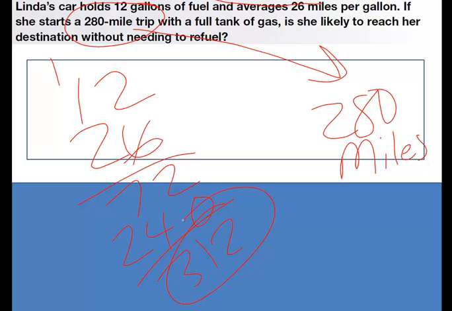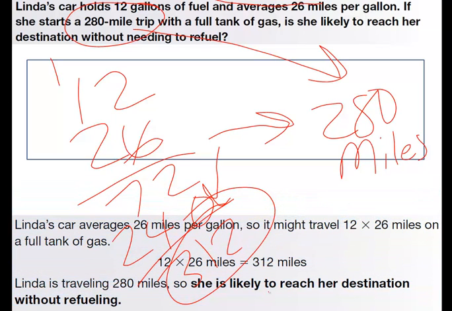She can travel 312 miles when she has a full tank of gas. So if she's only going 280 miles and she's got a full tank of gas, is she going to have to stop and get gas along the way? No, she's not, because she can travel 312 miles on one tank of gas. So she is likely to reach her destination without refueling.